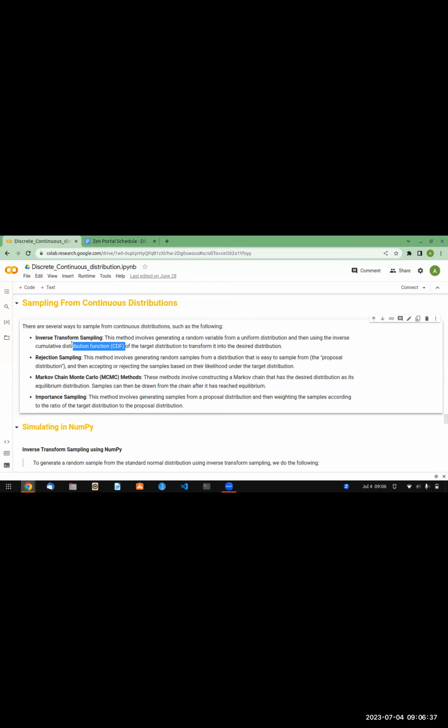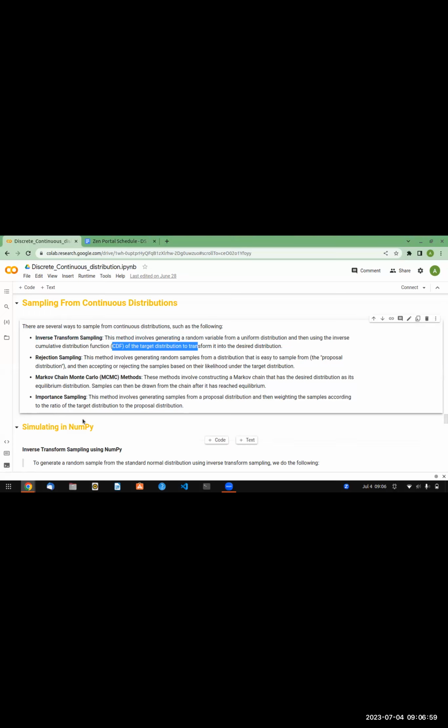Suppose it is normal distribution. So we'll use the CDF of the normal distribution, and we will pass in the variables that we generated from the uniform distribution. And then we'll see how the distribution that we sampled by using these two steps looks. Let's do that.